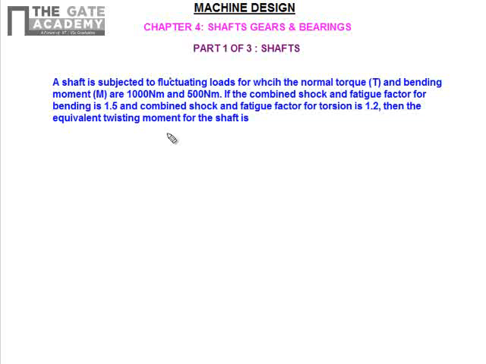So what are given? The normal torque is given as 1000 Newton meter. The bending moment is given as 500 Newton meter, and the shock and fatigue factor for torsion is given as 1.2, and the shock and fatigue factor for the bending moment is given as 1.5.